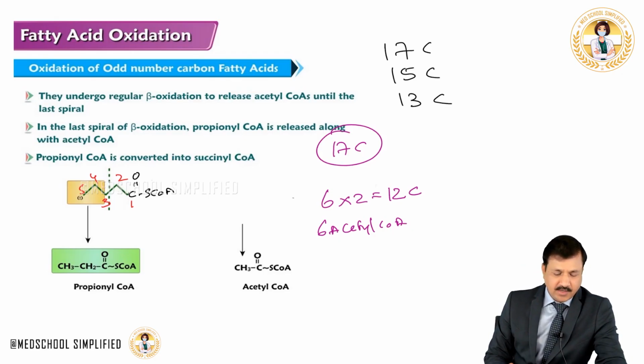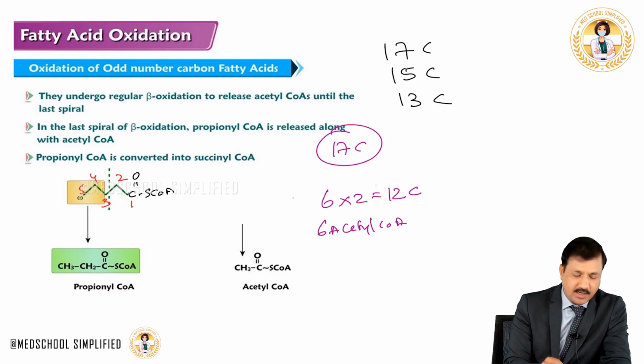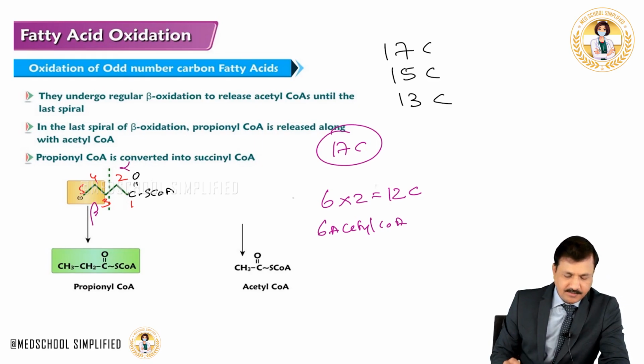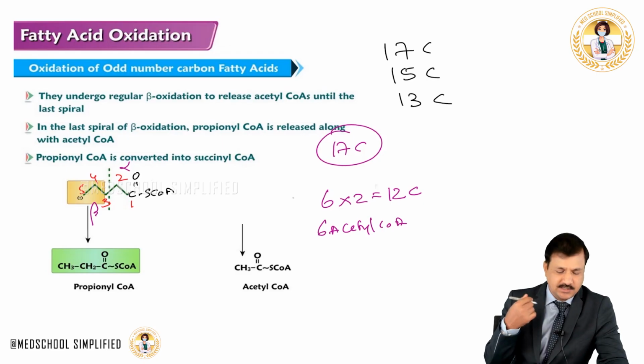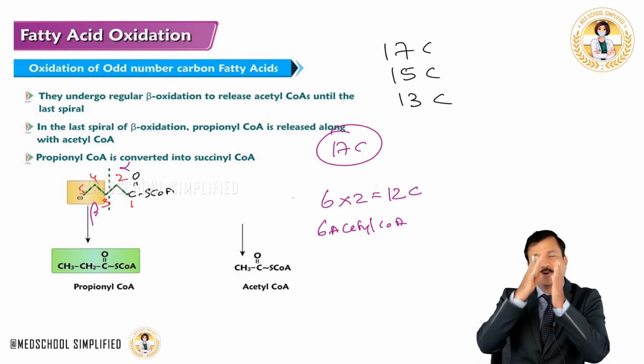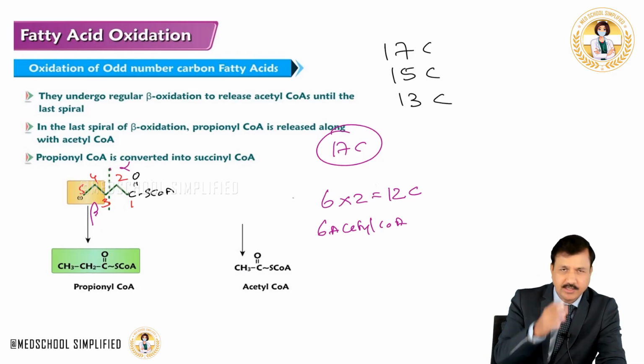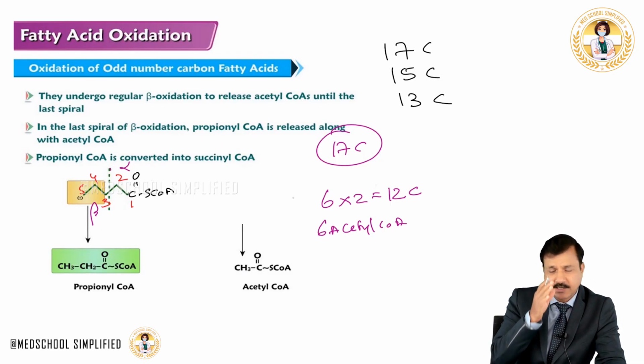This 5-carbon fatty acid will undergo one final beta oxidation spiral. Let's look at where the alpha carbon and the beta carbon are. The second carbon is the alpha carbon, and the third carbon is the beta carbon. The beta oxidation goes on over the beta carbon and breaks the bond between the alpha and beta carbon, as shown here with the dashed green line.